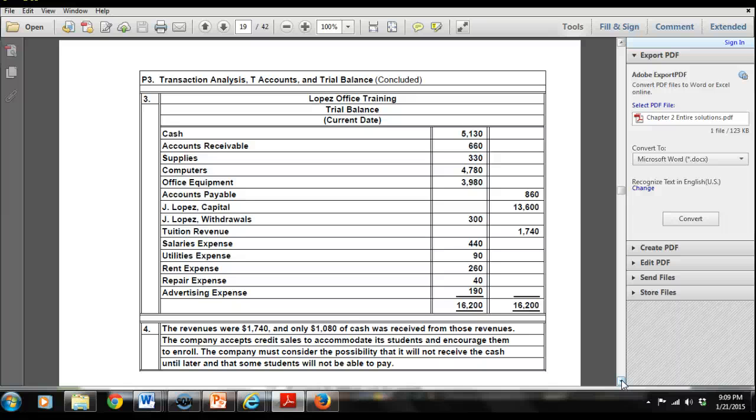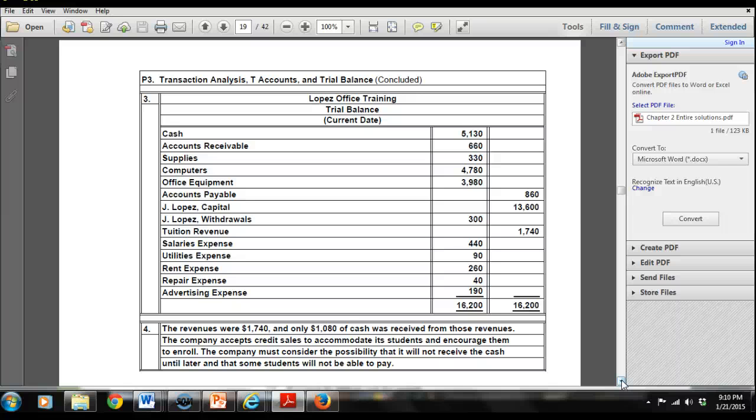Then you're going to take each of the accounts, beginning with assets, after assets, liabilities, after liabilities, the capital account, then the withdrawal account, J. Lopez withdrawal, then your revenue accounts, and then your expense accounts.